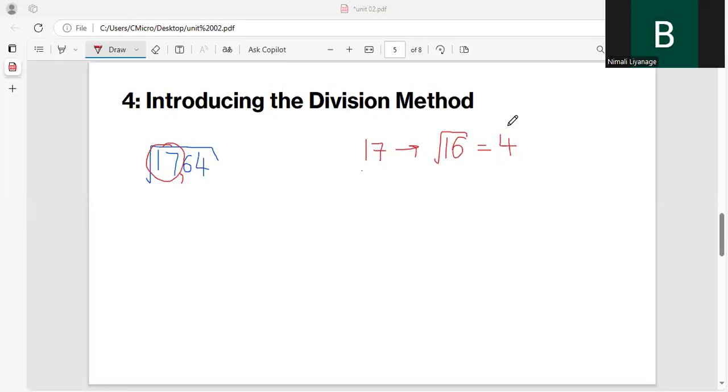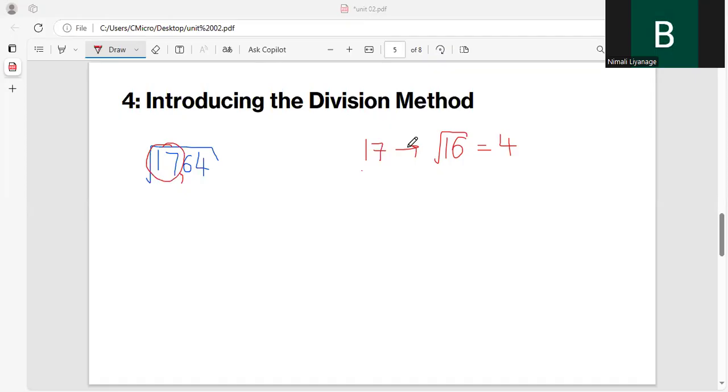Because the square of 4 is 16. So what is the largest number less than or equal to the first group of 17? It's 16. The square root of 16 is 4. So as step 2, find the largest number whose square is less than or equal.